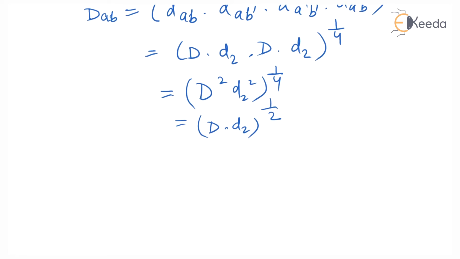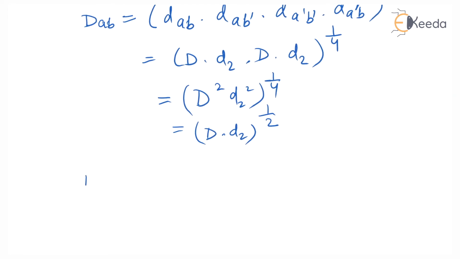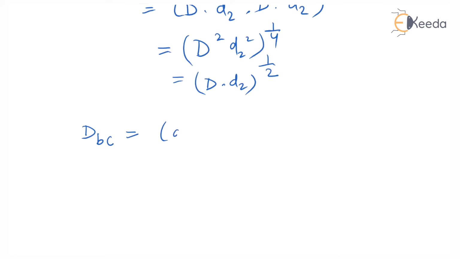Now similarly find the distance from B to C. So this is equal to the distance from B to C into the distance from B to C dash into the distance from B dash to C dash into the distance from B dash to C, to the power 1 by 4.